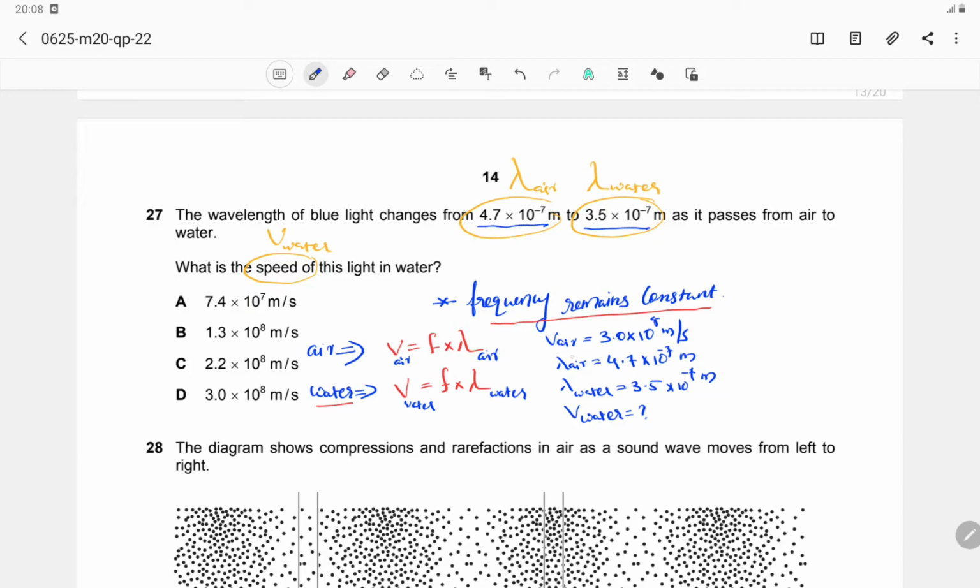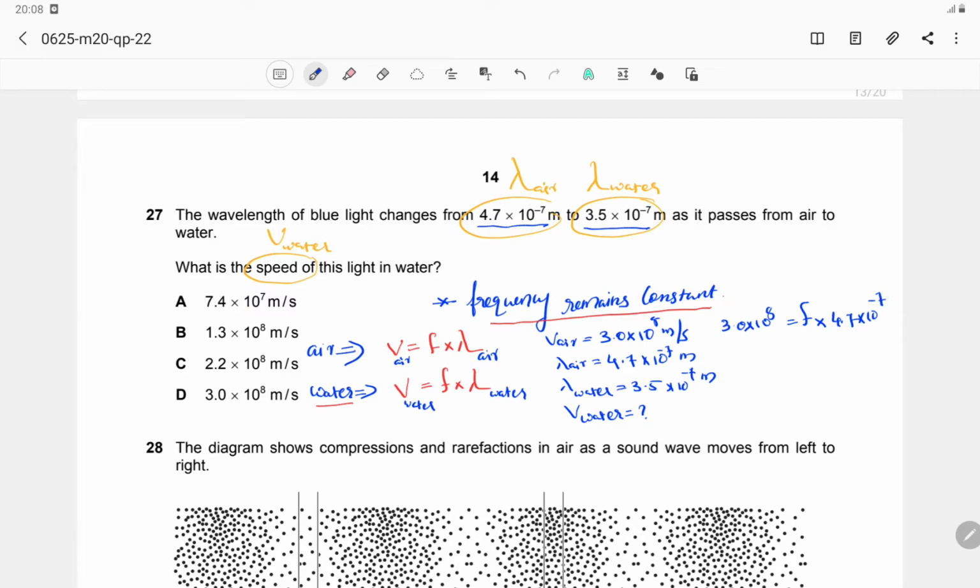So you will get velocity in air, that is 3 × 10^8 equals frequency times the wavelength of light in air, which is 4.7 × 10^-7.